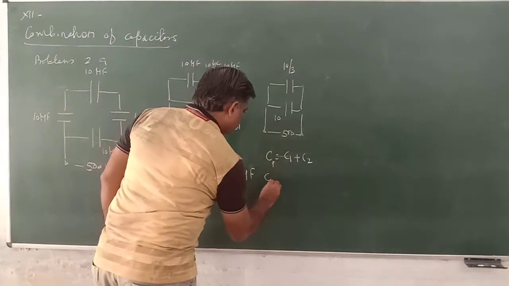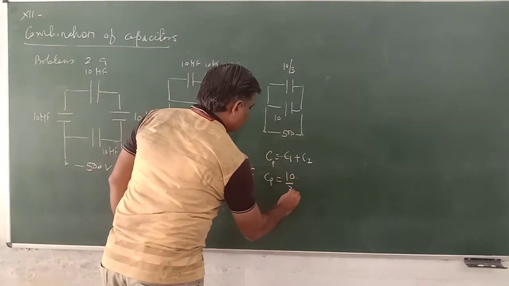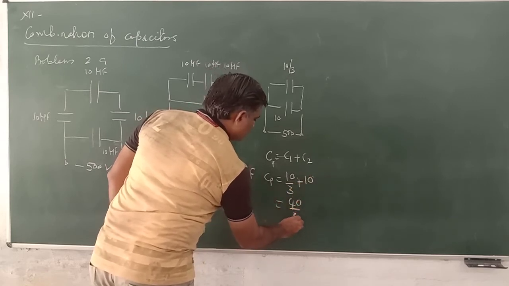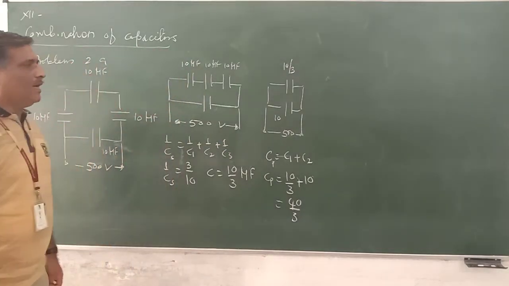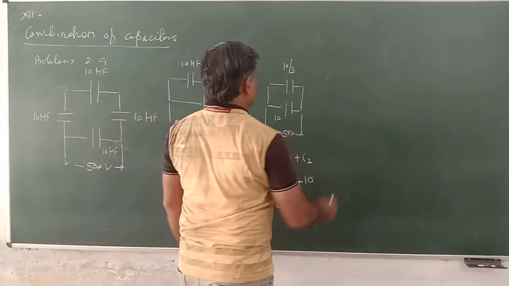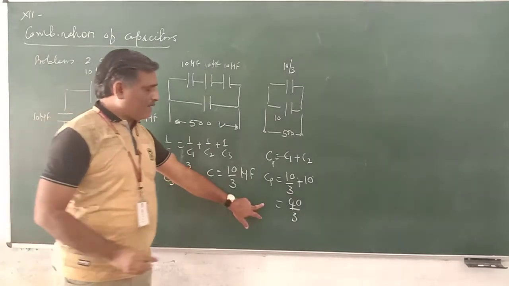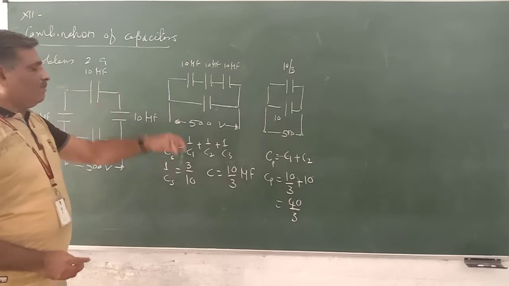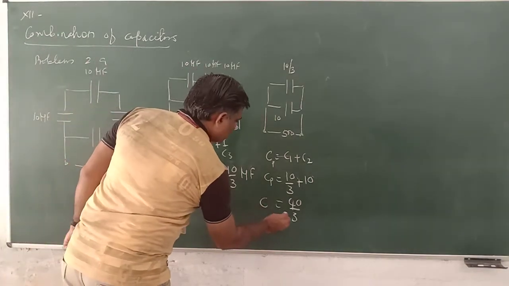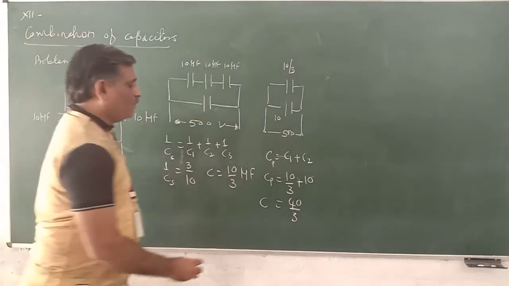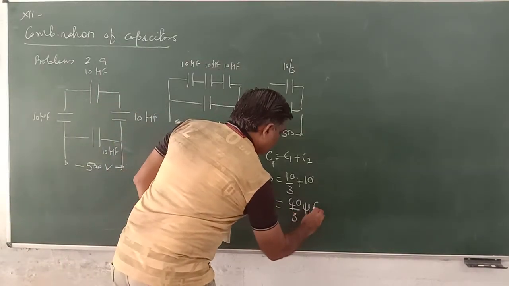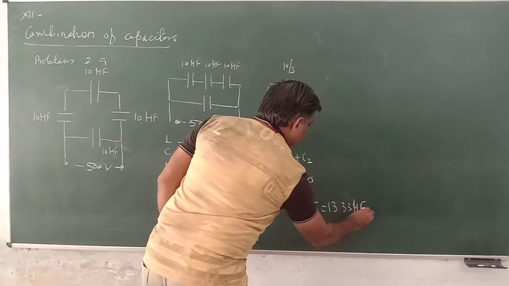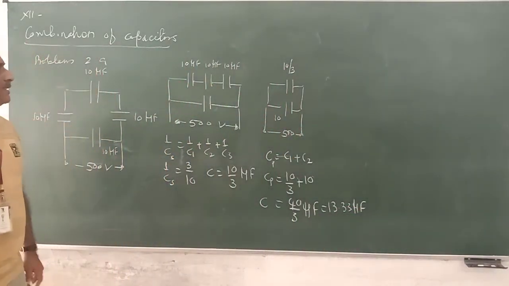So C_P is equal to 10 by 3 plus 10, which becomes 40 by 3. Now a single capacitor remains. The equivalent capacitance of this combination is C equivalent equal to 40 by 3 microfarad, or 13.33 microfarad.